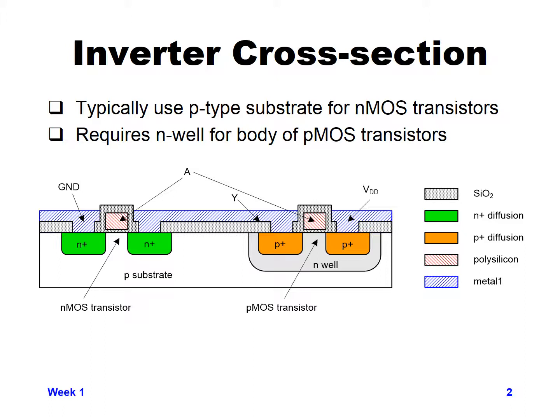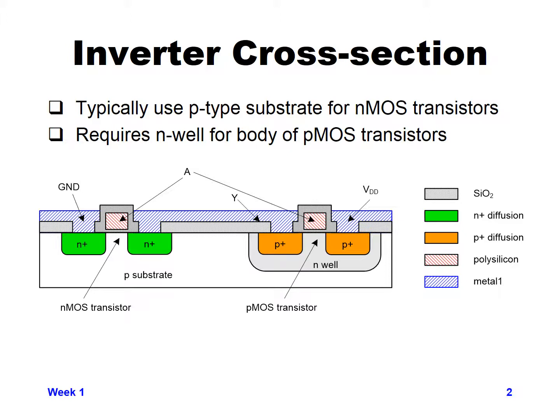So the wafer as a whole is a P-type wafer, and they'll start out with that as what we call the substrate. Since the wafer is P-type material, you would construct NMOS transistors in that wafer.